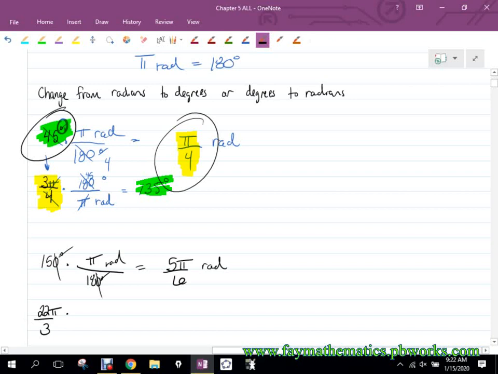Let's keep this positive because I want to use this answer here in a moment to segue into the next idea. So what do I need to multiply by? Degrees over radians. Okay.